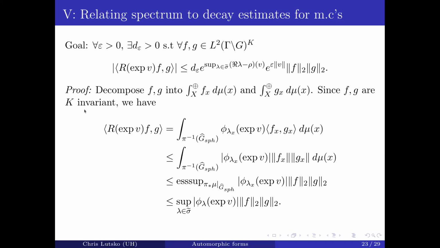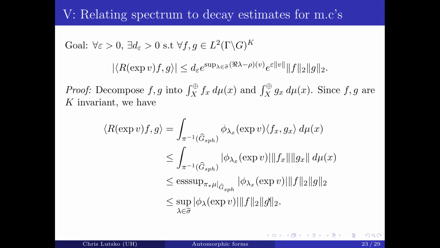We can apply the Plancherel, and that pushes us onto the spectral side. Then we can apply the triangle inequality, I guess that's Cauchy-Schwarz.